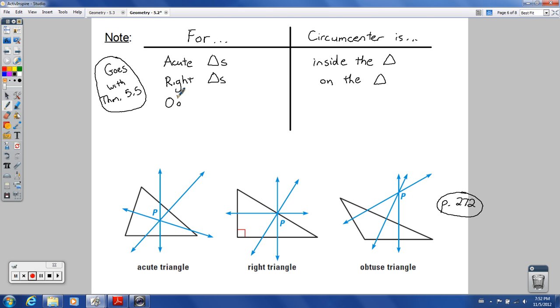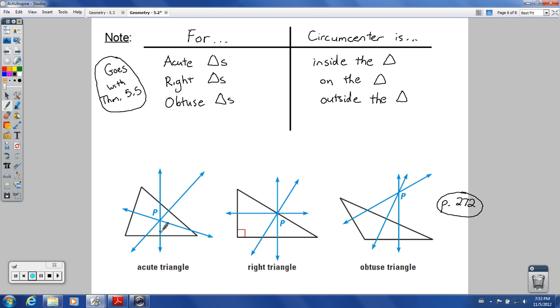And for obtuse triangles, excuse me, circumcenter is outside the triangle. This is always going to hold true with these types of triangles and with perpendicular bisectors.